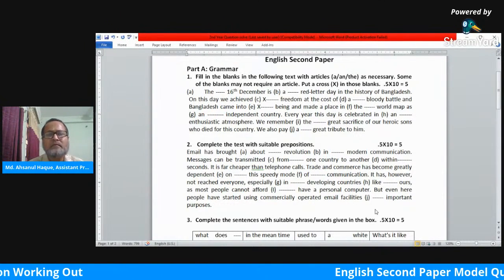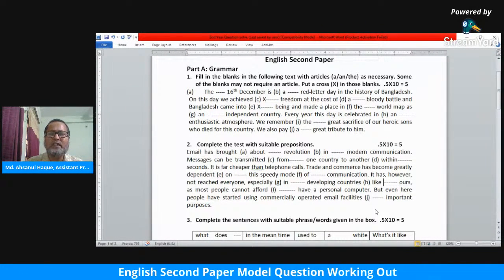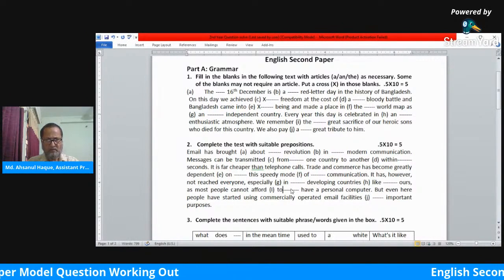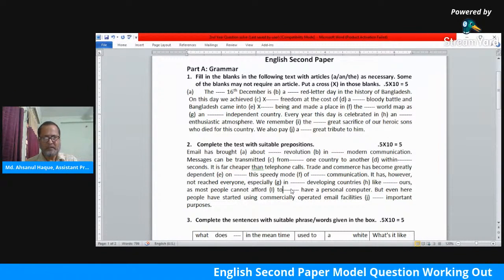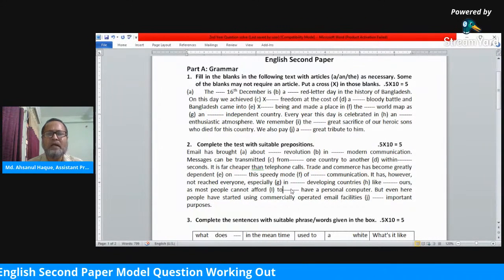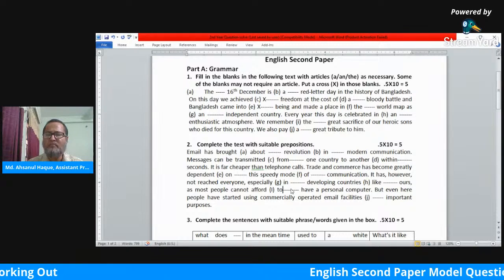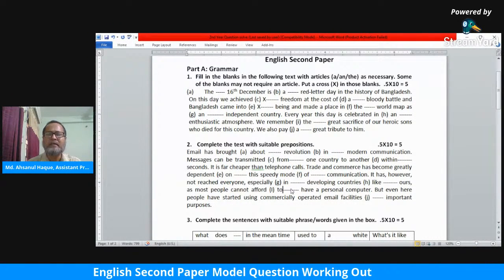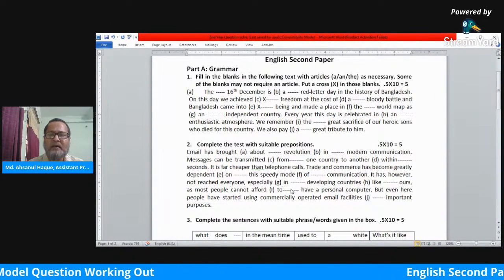Most people cannot afford dash to have. This is the infinitive form: cannot afford to have a personal computer. It means that, especially in developing countries, people are not rich enough to buy computers.